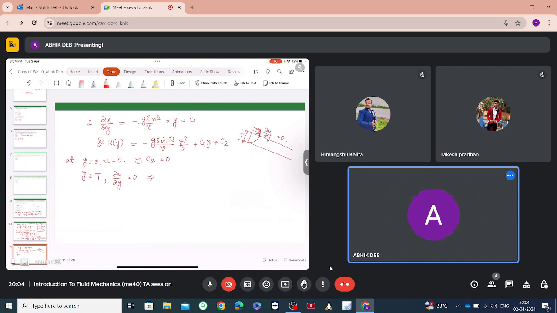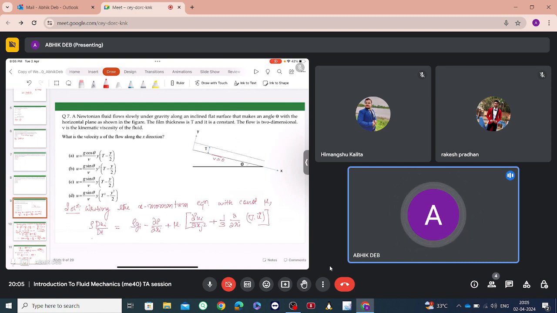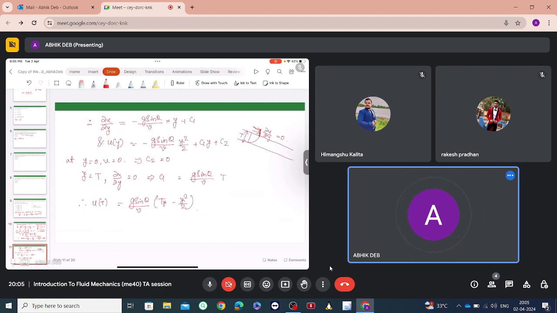That is, c1 is equal to g sine theta by nu into t. Therefore, u of y is equal to g sine theta by nu into (ty minus y square by 2). So this is the required expression, which is option number C.